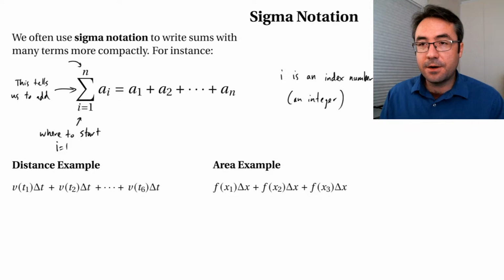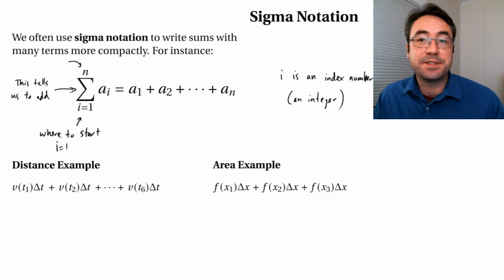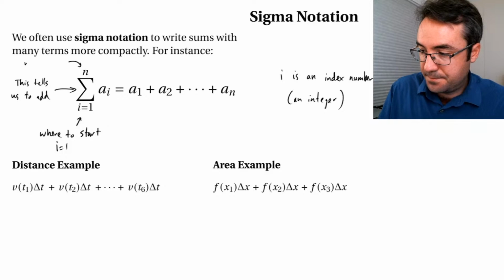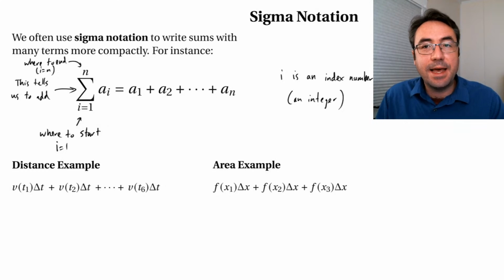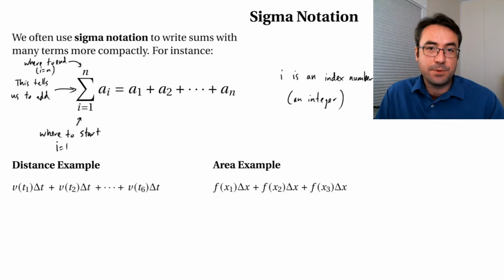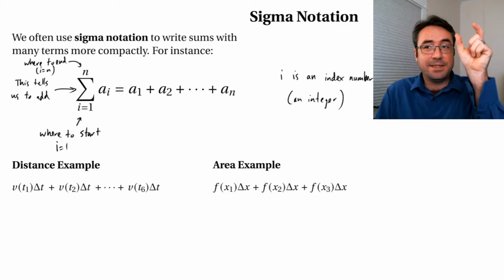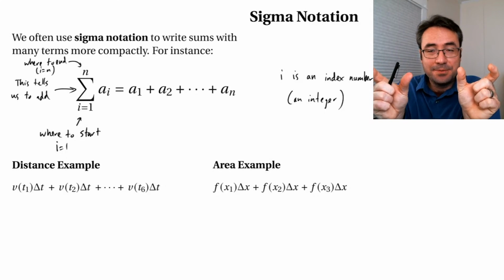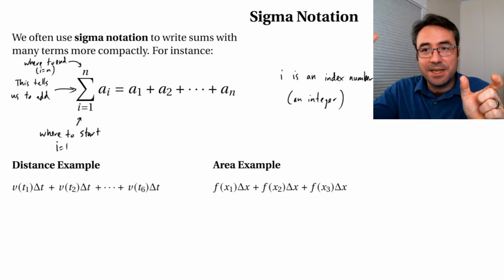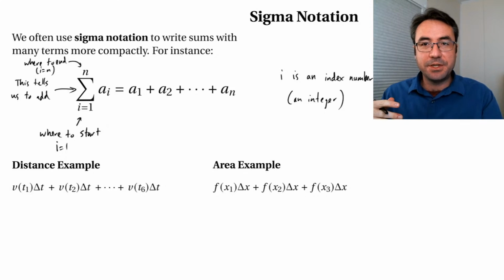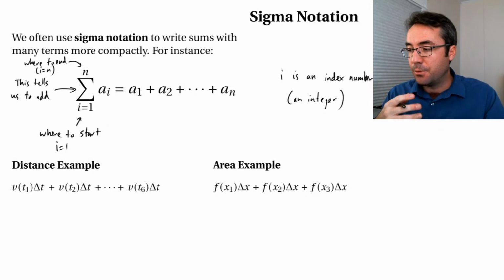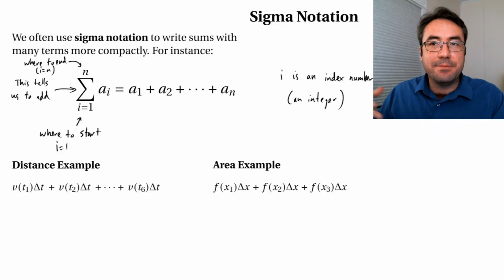And then the number up here tells us where to stop, where to end. In this case, i equals n. So when we see sigma i equals 1 to n of a sub i, what it's really telling us to do is take a1, a2, a3, a4, a5, a6, a7, up to an, and then add them all together.